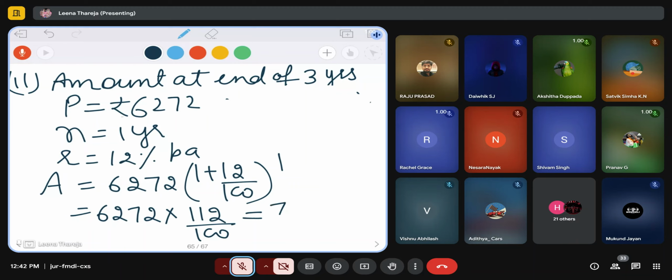If you multiply, because you don't have any other option, don't do the cancellation, it will be a big process because the denominator is already 100. Once you multiply these two, you get a number and you just put the decimal. Don't try to cancel it unless you are going to get a whole number. So this is the easiest way to get the answer.